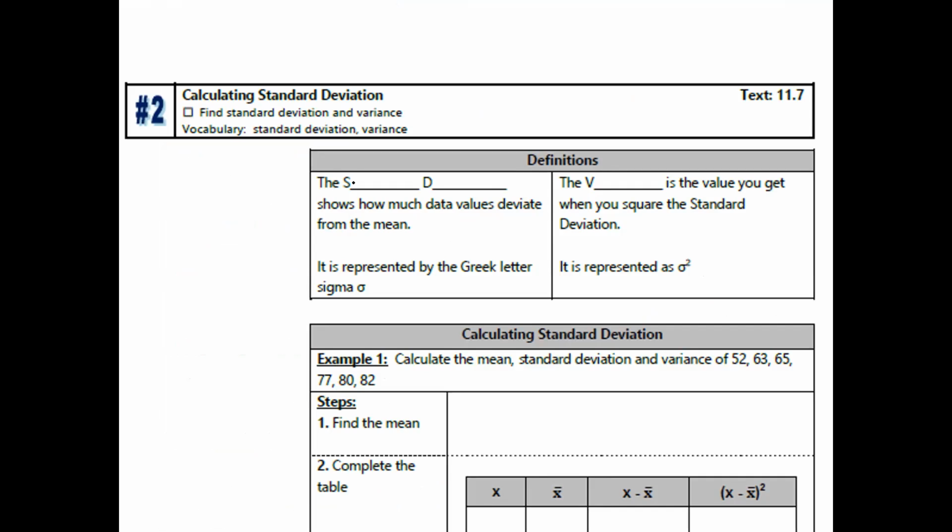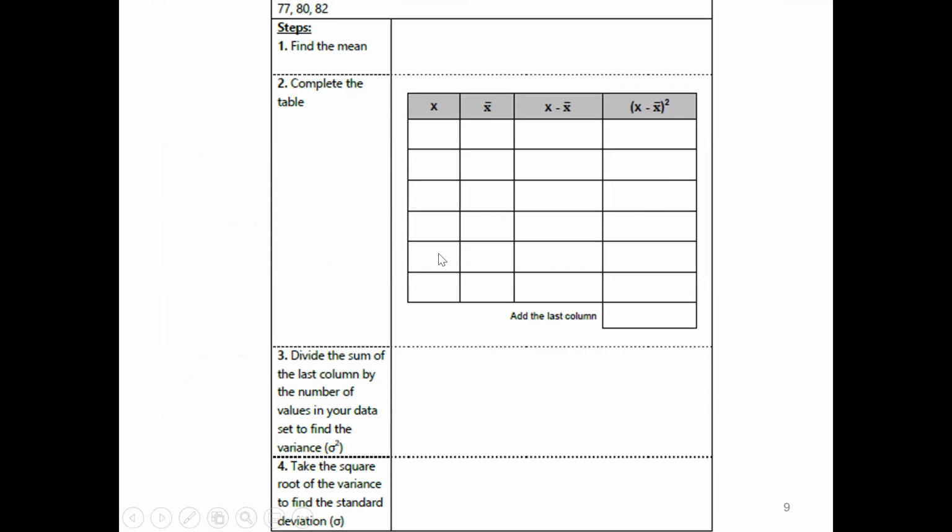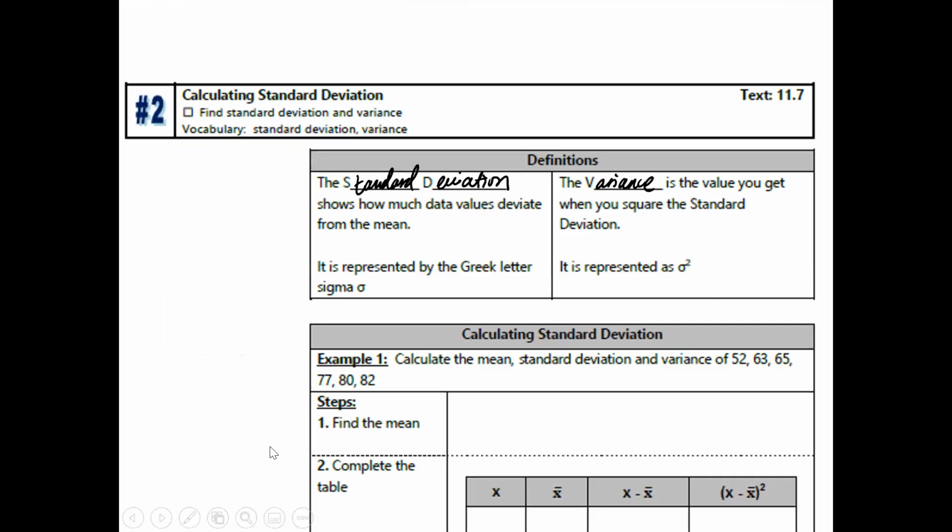All right, so then we also talked about standard deviation and variance. So let's go ahead and take a look at the question here. We're going to find the standard deviation and variance of the following.